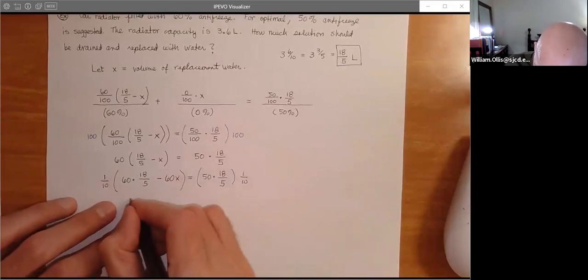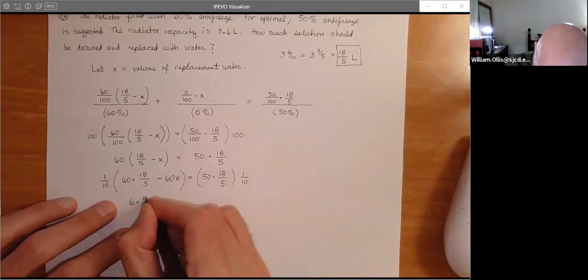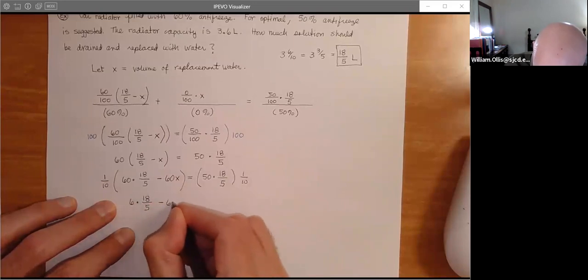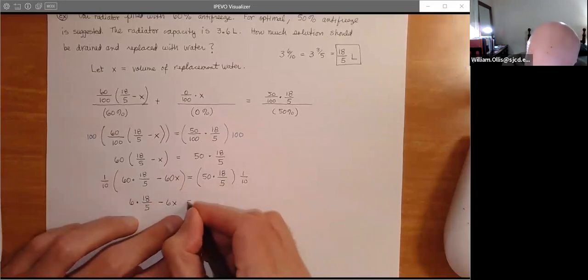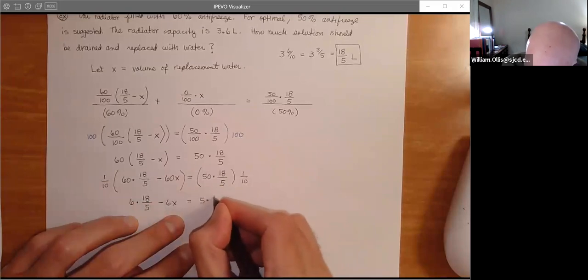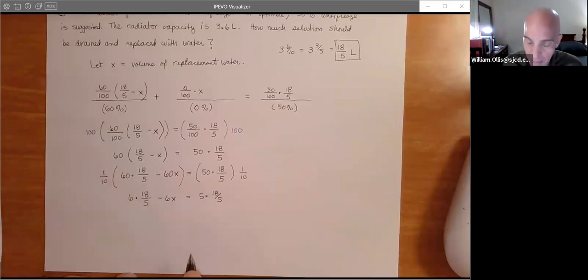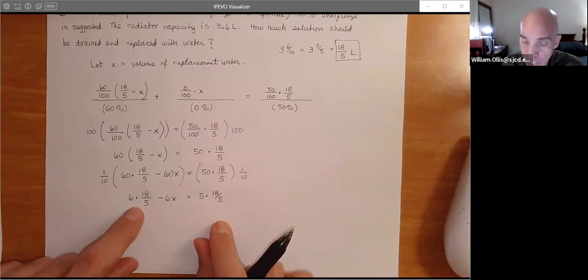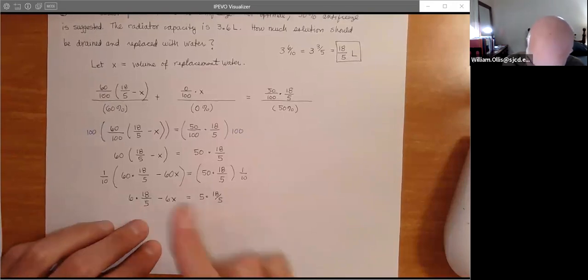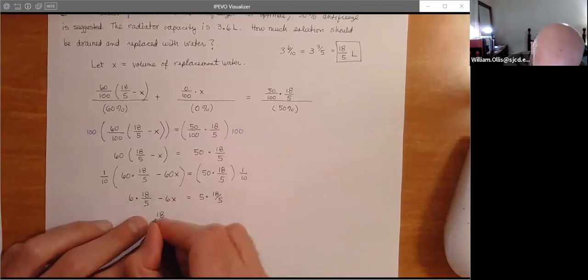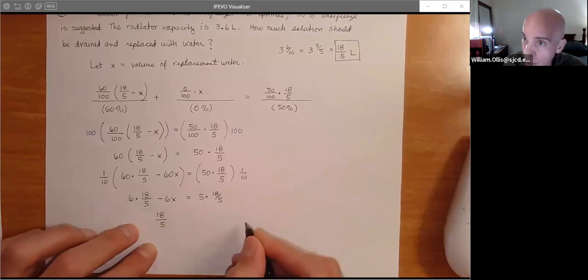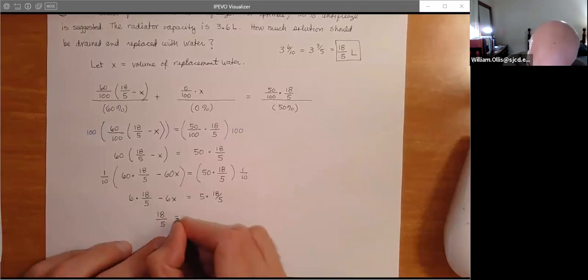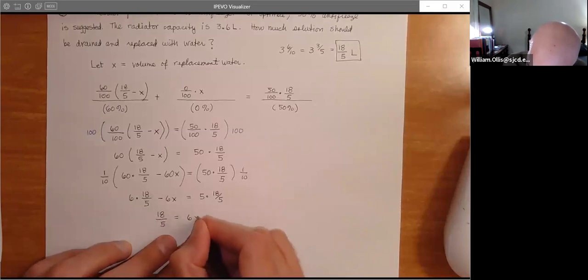So this will give us a 6 times 18 over 5 minus 6x equals 5 times 18 over 5. That's even easier than we ever expected. Now notice we can take 5 copies away from 6 copies of 18 over 5, and that'll just leave us 1 copy. Don't have to worry about any horrible fractions, and then add 6x to both sides.